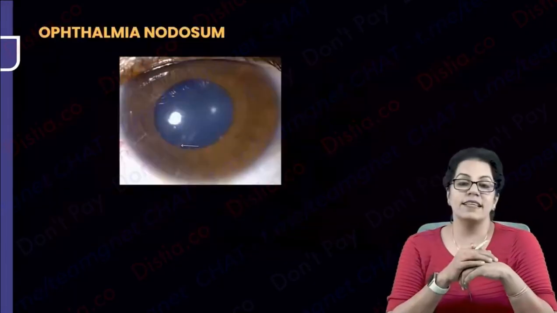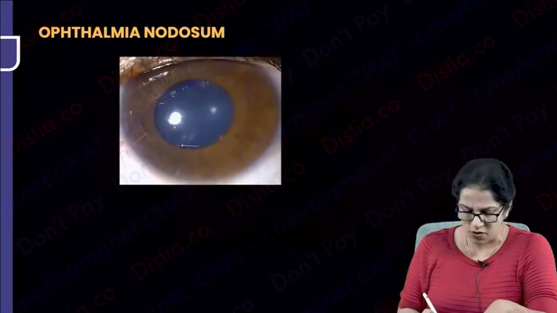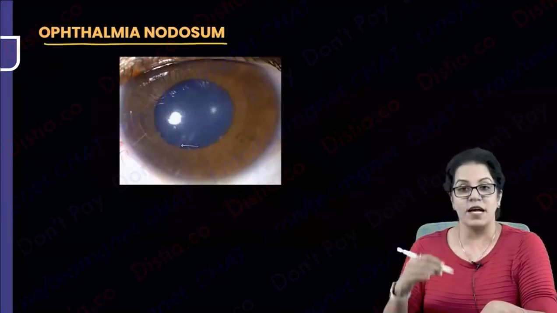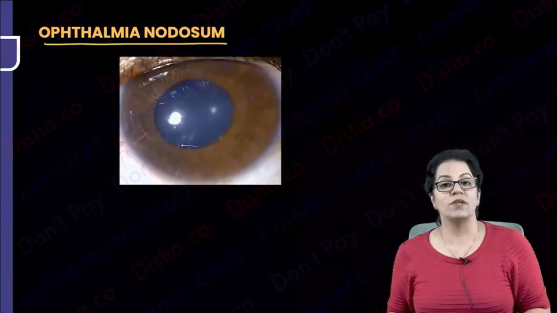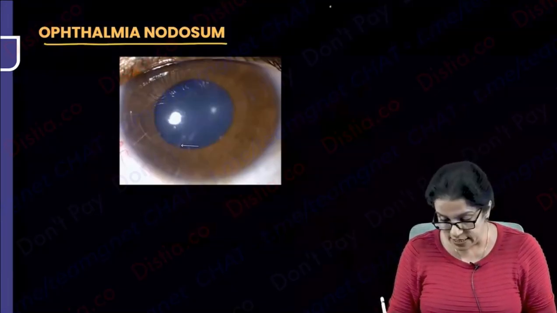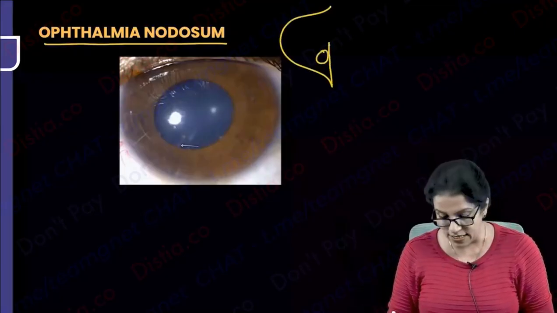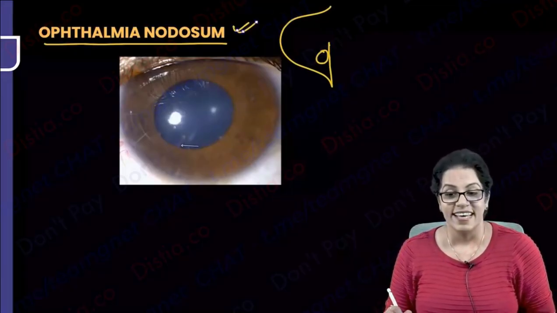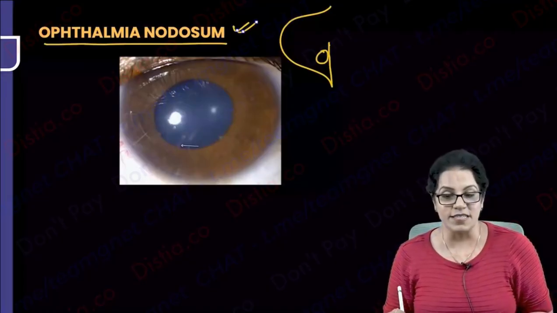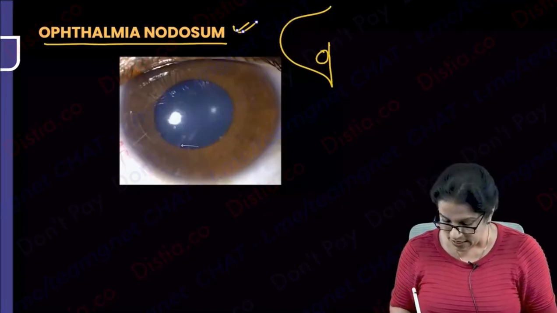Okay, so then comes another term, what is ophthalmia nodosum? This is only one line you have to know about it. It was asked quite years before, so have an idea what we are talking about. It is intense granulomatous inflammation with a very big nodule on the iris. Why is it occurring? Can you see here?